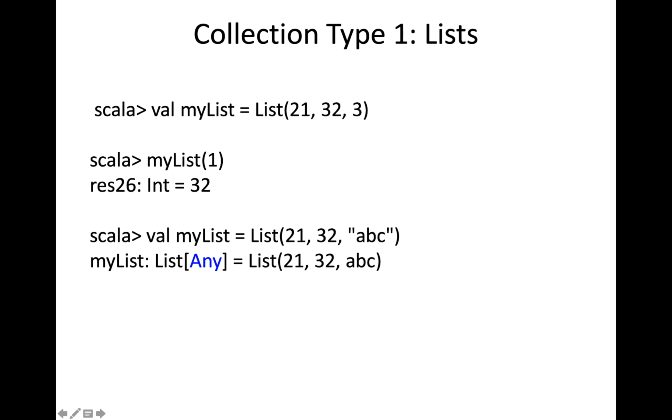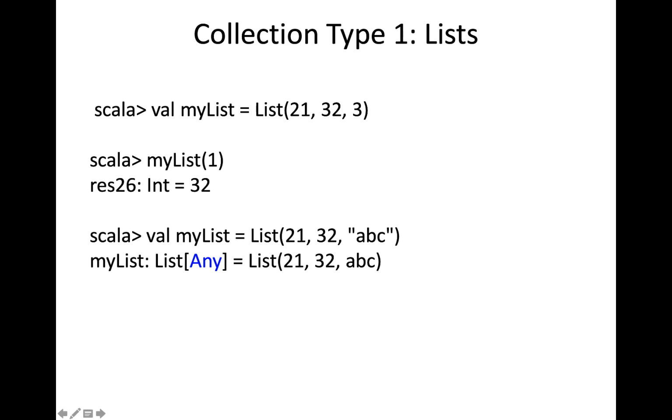So that is a magic which is happening here, correct? So Scala automatically understands that the type of the items in the list are not integers, not string, it's more generic, and Scala assigns that to make it any type.